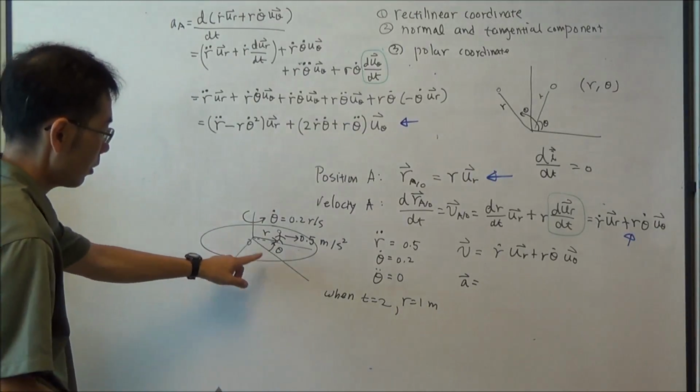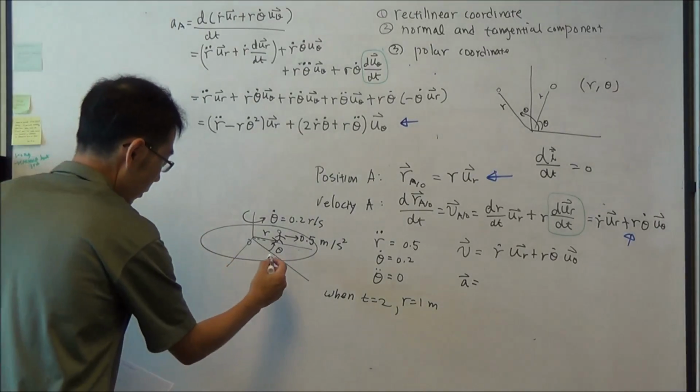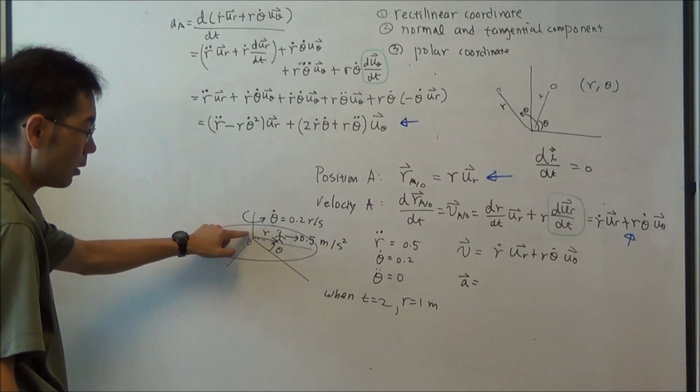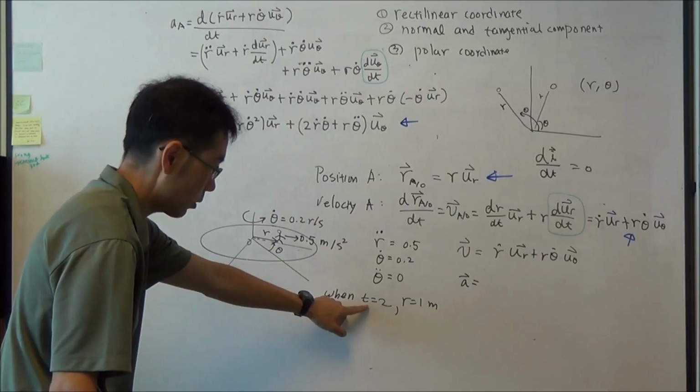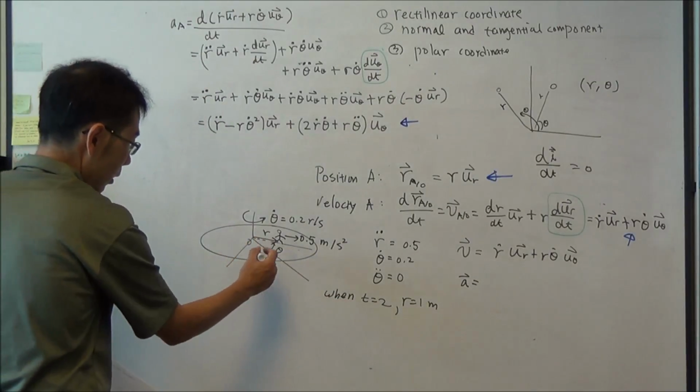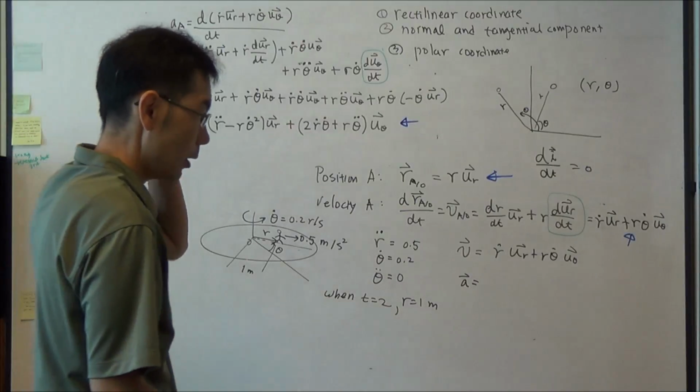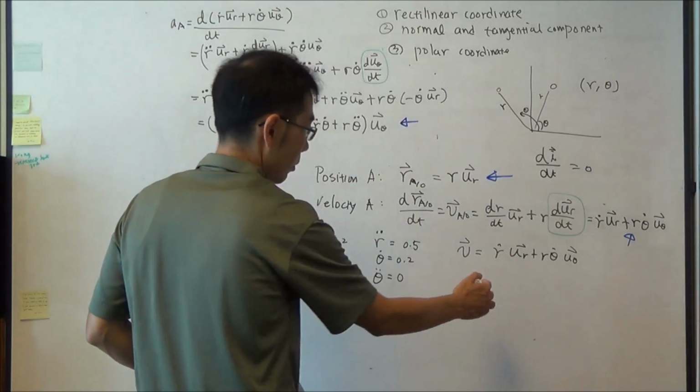Let's assume that this person starts from the center. So when the time is 2, the length of r is just 1 meter.